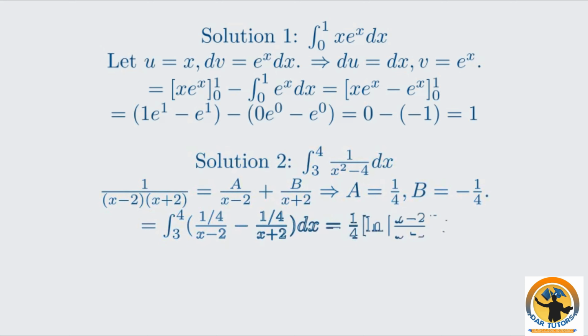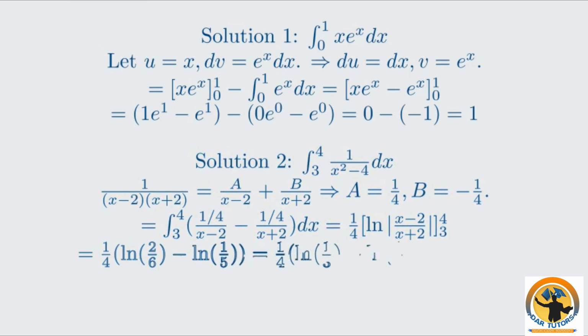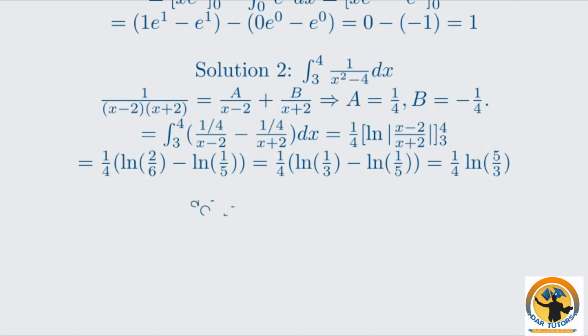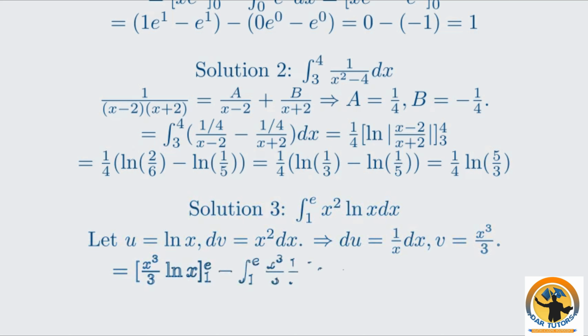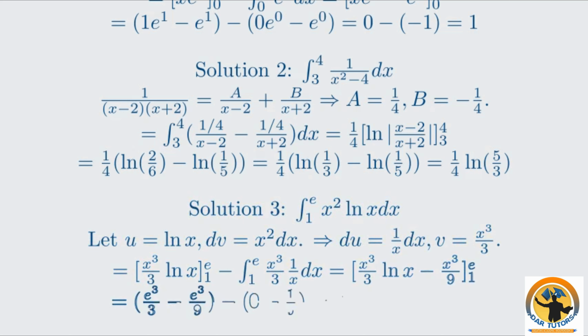The antiderivative is 1/4 ln of the absolute value of x minus 2 over x plus 2. Evaluating from 3 to 4 gives 1/4 ln of 3 over 2. For question 3, using integration by parts with u equals ln x and dv equals x squared dx, we get the antiderivative 1/3 x cubed ln x minus 1/9 x cubed.